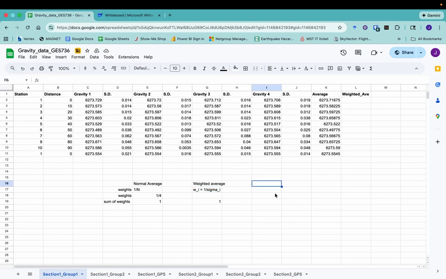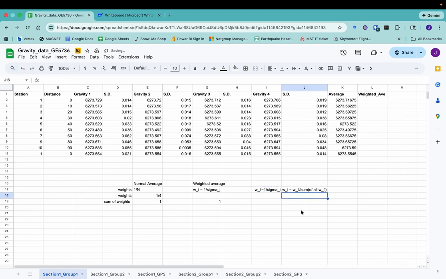So the way that this is going to work is we'll say our wi prime is going to equal 1 over sigma i. And then our wi is going to equal wi prime divided by the sum of all wi primes. All right, there we go. So here's my wi prime.